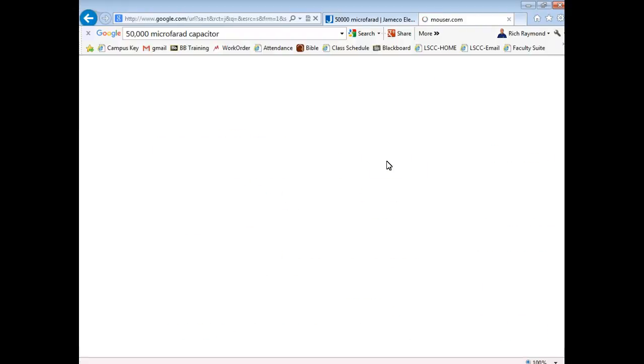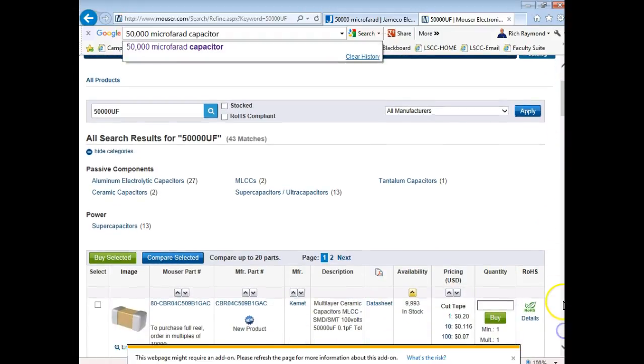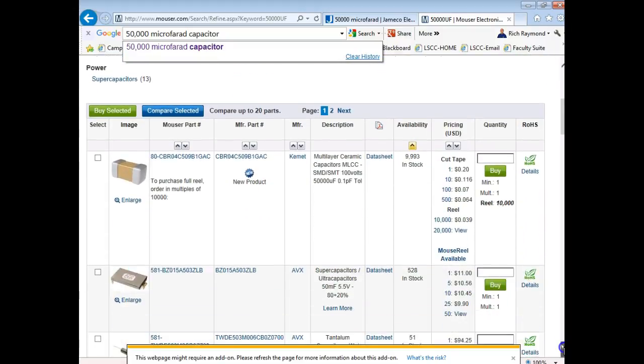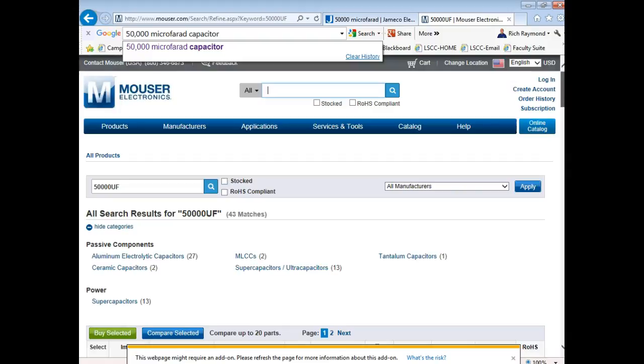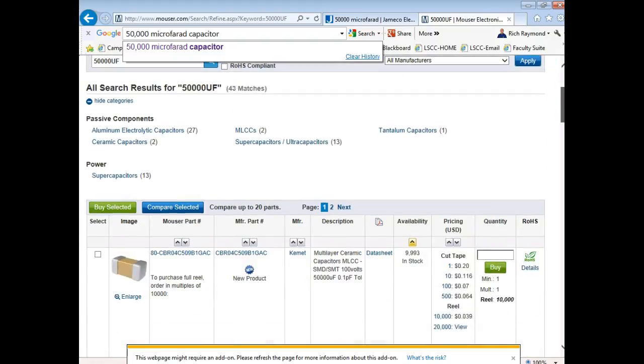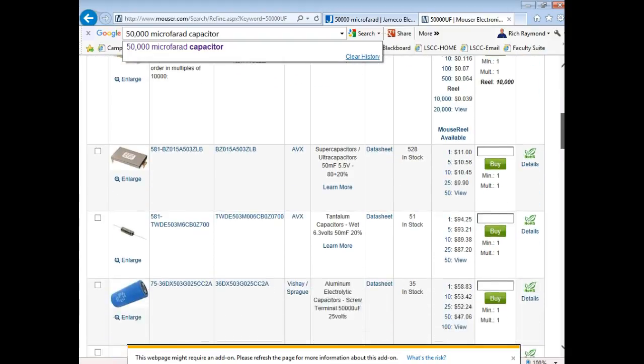So Mouser sells one for... it's definitely not it. It says 43 matches for 53,000 microfarad. I don't think so.